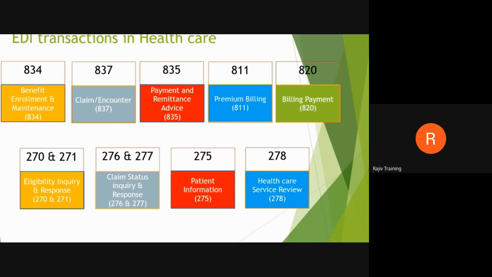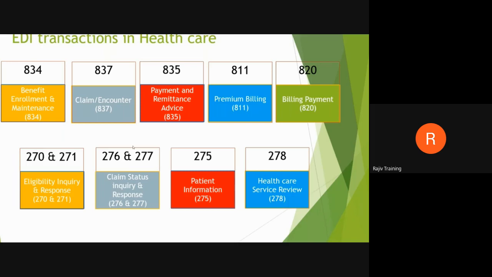Okay. Similarly, we have 276, 277, 278, and so on. So 276 is used by healthcare providers to request or verify the status of healthcare claims previously submitted to a payer, such as an insurance company. And 277 is used for reporting on the status of the claims previously submitted by providers.